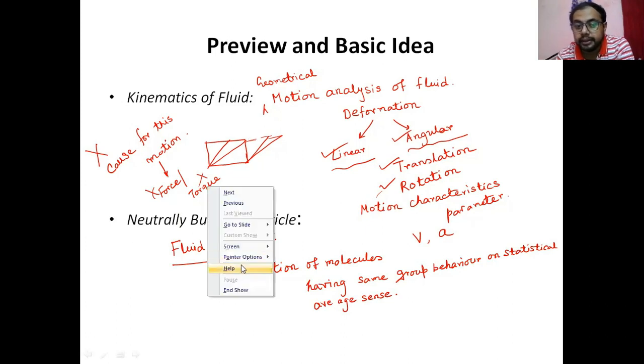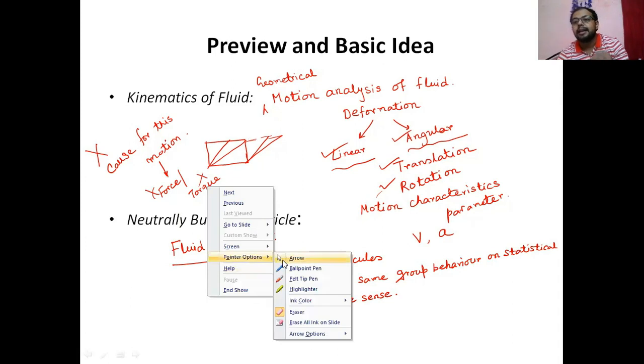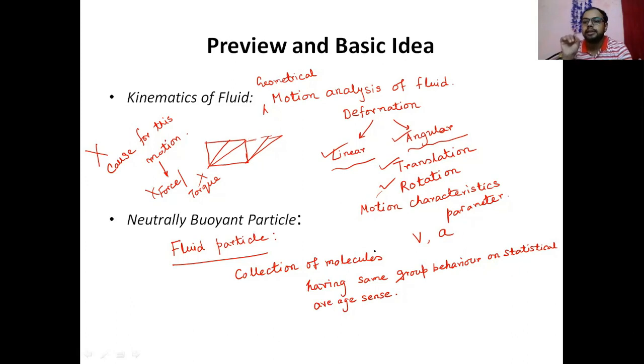Then this molecule group is behaving like an inert particle. That means if you inject any dye into the fluid and it is so inert that it cannot react with the fluid, and it has the same density as the fluid, then no buoyancy force will act during the fluid motion.